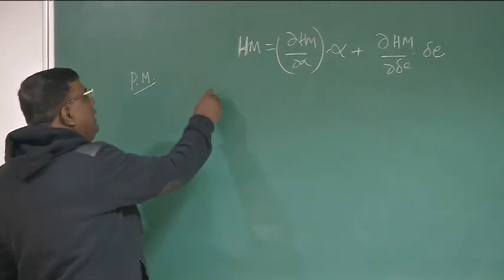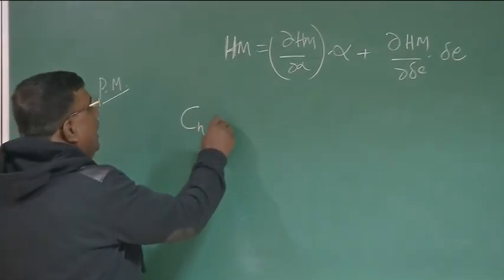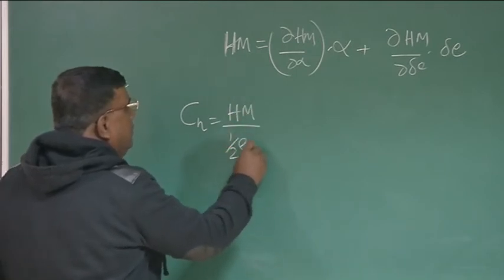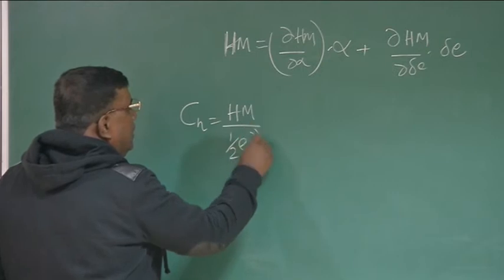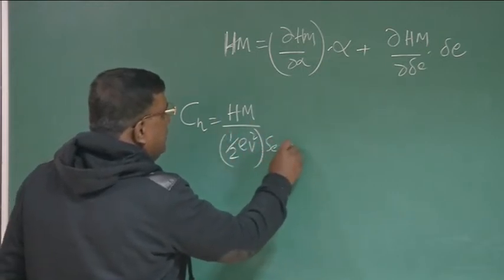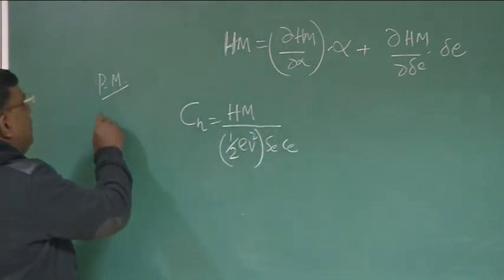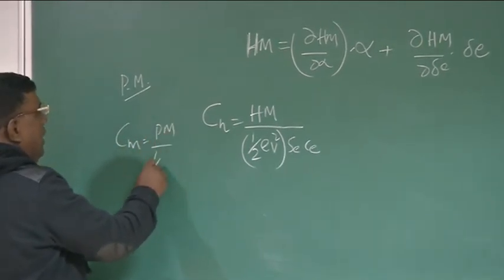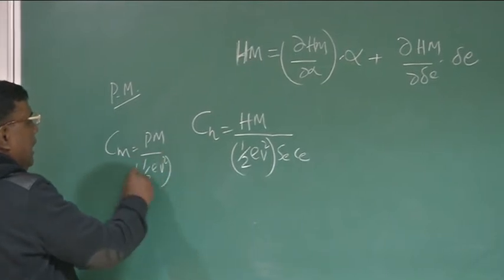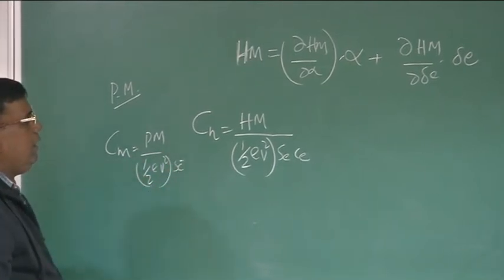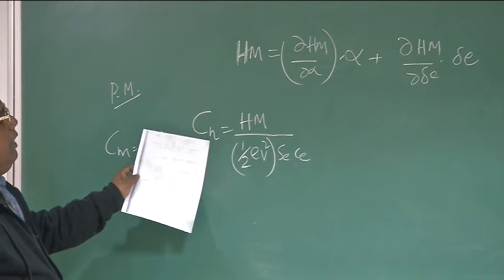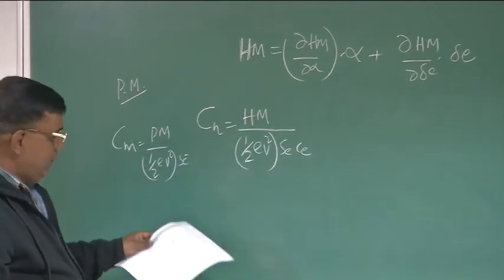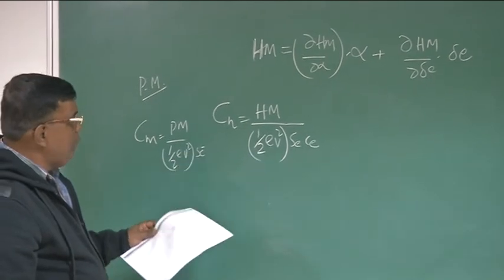So how do I define that? I define Ch as hinge moment divided by half rho v square into S elevator, C elevator. Remember pitching moment, how Cm we defined? The pitching moment divided by half rho v square S C bar, right? So here we are defining the non-dimensional hinge moment coefficient as hinge moment divided by half rho v square S_E C_E.